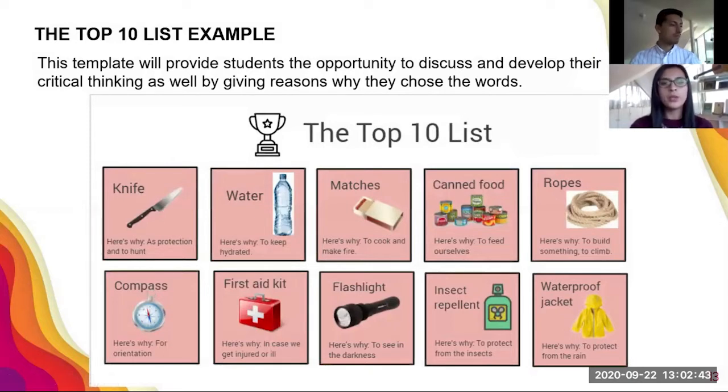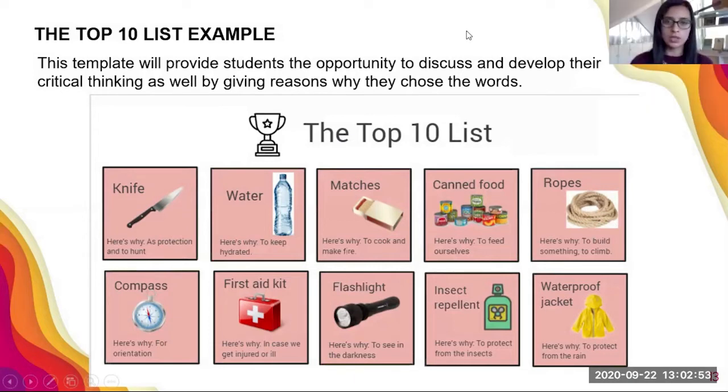Okay, so here we have an example that our students have created using this template. And if you can see, this was a situation that we created with our students. So the situation was the following. We asked students if they get lost in the jungle, which top 10 items they would need.